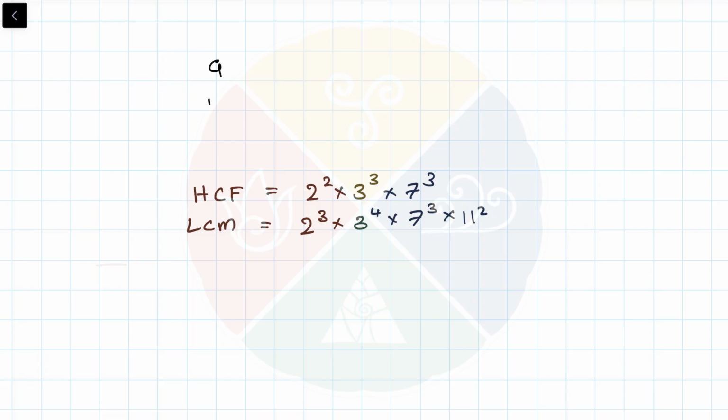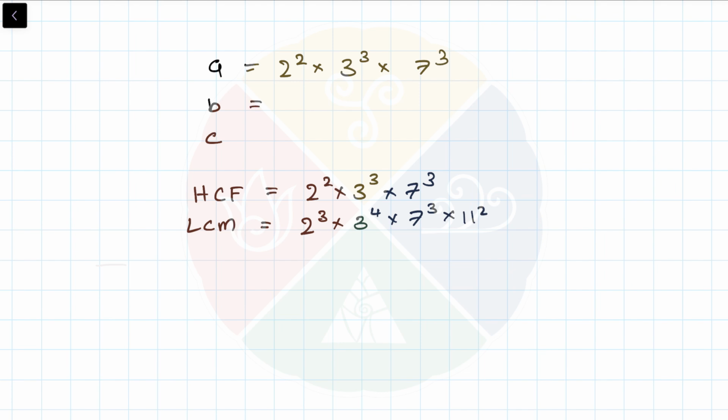And the three numbers are A, B, C. The first number is 2 square into 3 cube into 7 cube.